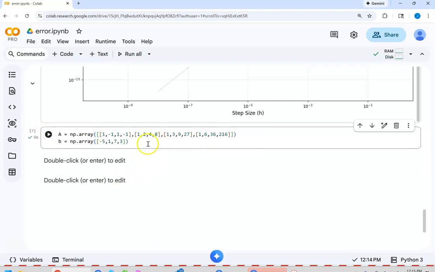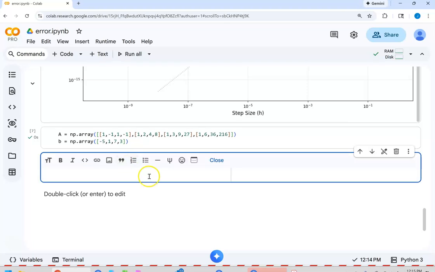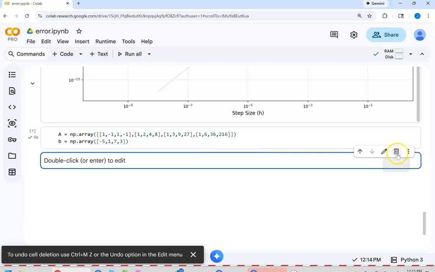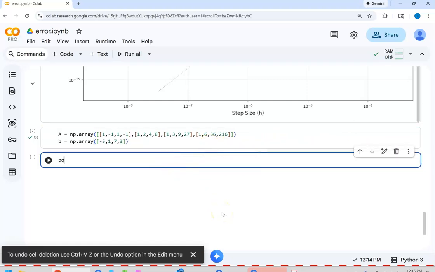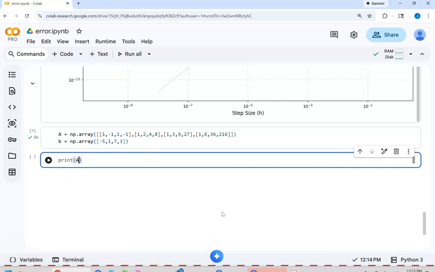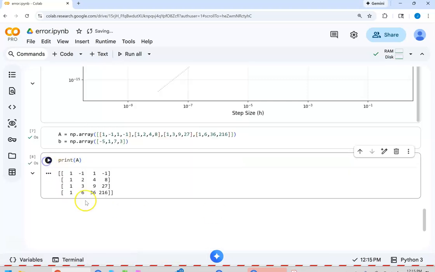If I want to see what they are, you can print the matrix here, for example. And you can see it put them in as the rows there.